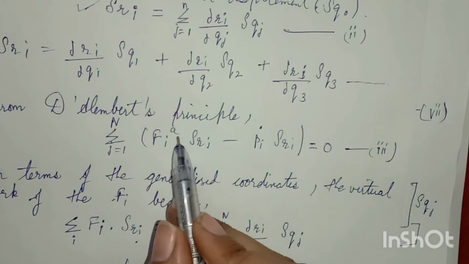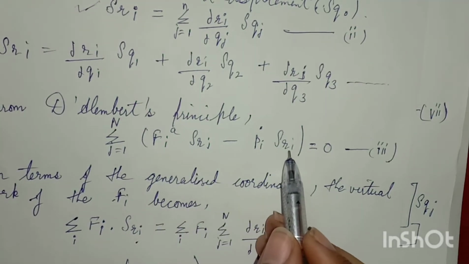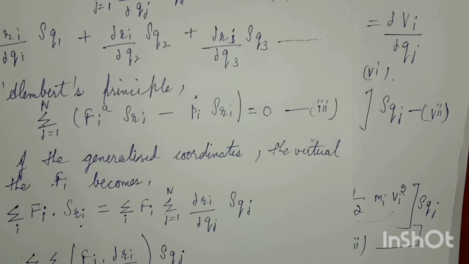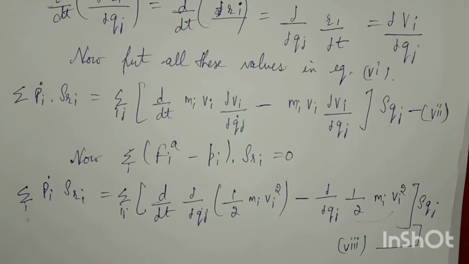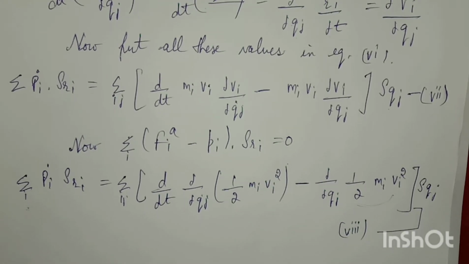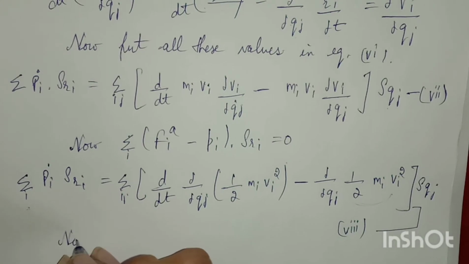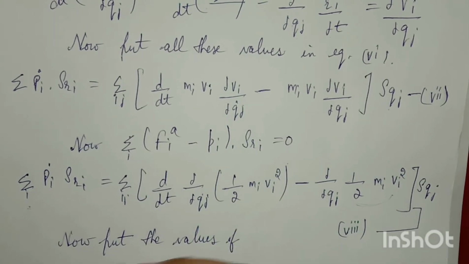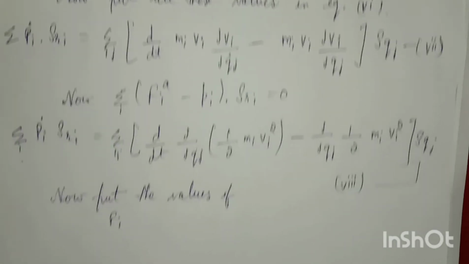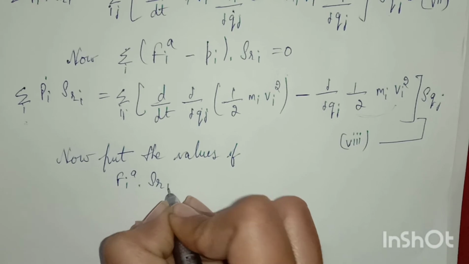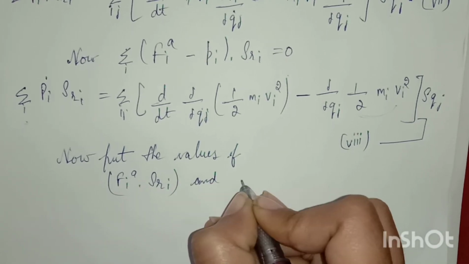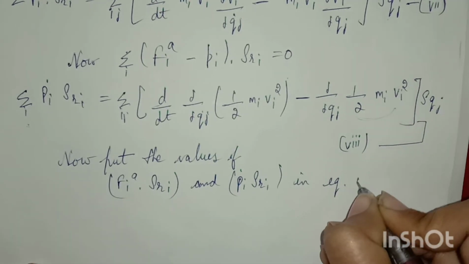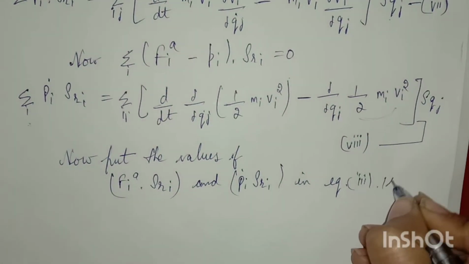So we put the values of F_i^(a) · δr_i and ṗ_i · δr_i in equation 3.